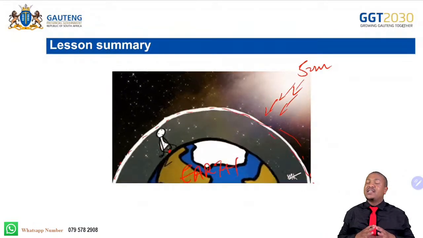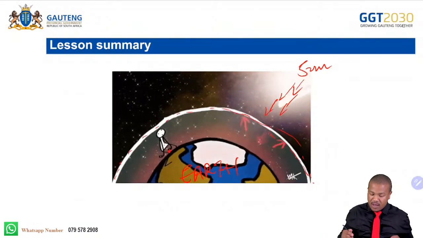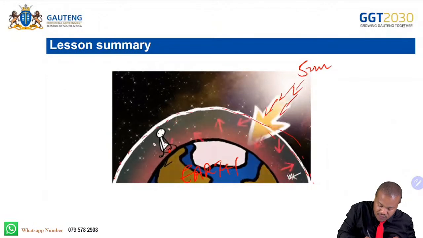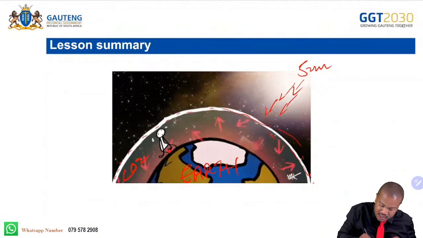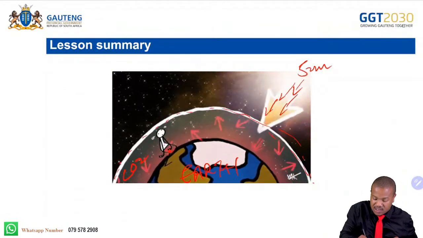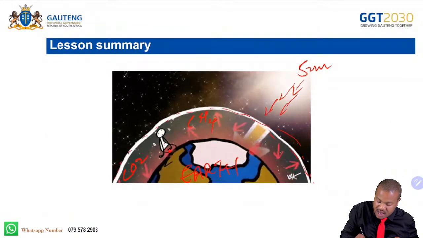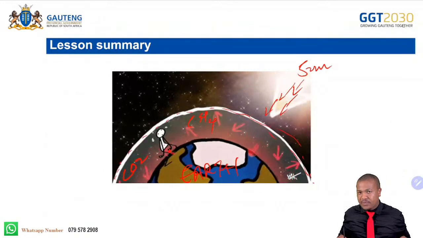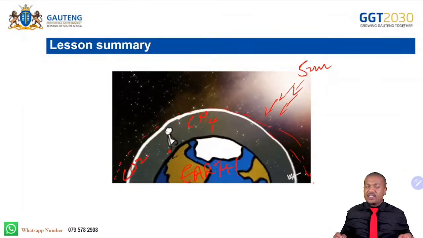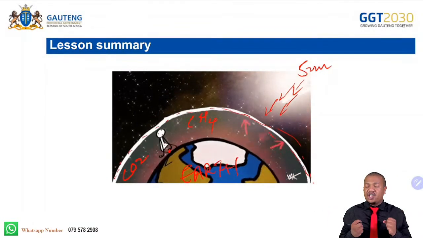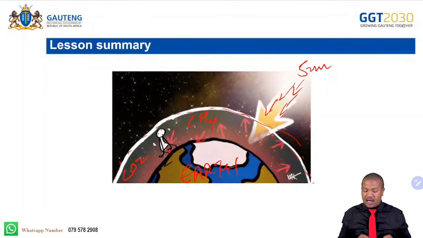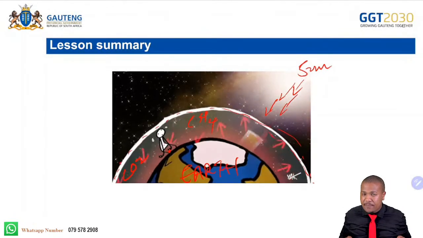Then later on, that energy is going to be radiated back to the atmosphere. As it is radiated back into the atmosphere, what happens? In the atmosphere, we find our greenhouse gases such as carbon dioxide, methane, as well as water vapor. These gases, they do what? They trap all the energy that is radiated back from the earth within the atmosphere, right?